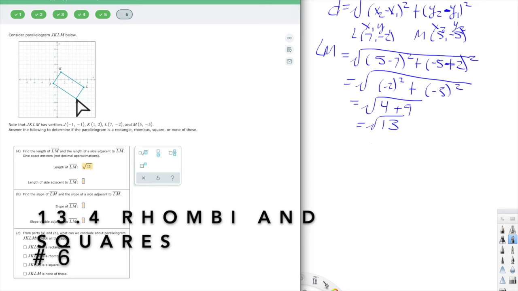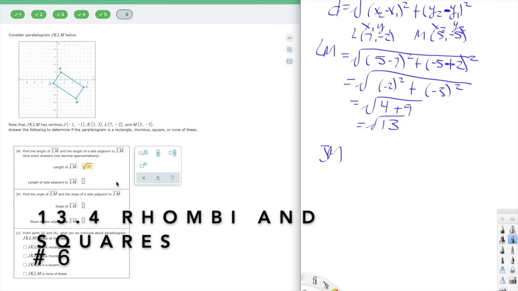If the consecutive sides were congruent, which I can kind of obviously see they're not, that means it would be a rhombus. If we already have a parallelogram and consecutive sides are congruent, it is a rhombus. So we're just checking that real quick. I know it's not going to work out, but I have to fill this in. Alex is going to require it.